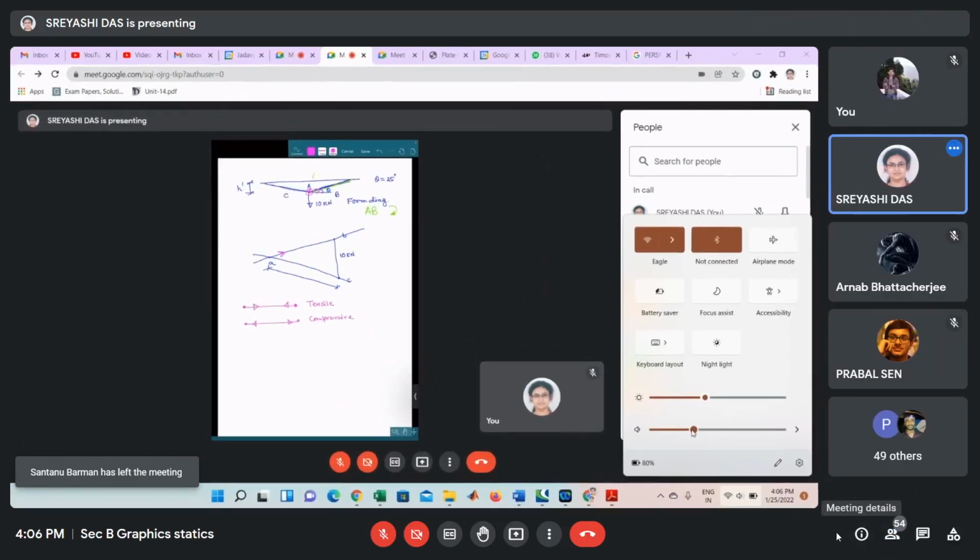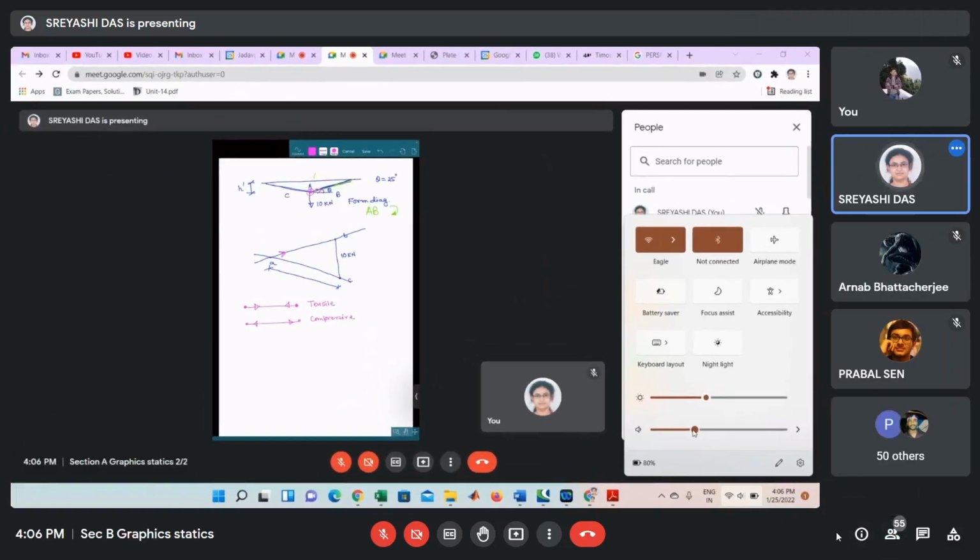So the force direction is like this, which is tensile. For the force CA, if we consider this joint, then CA denotes the member force in this member.